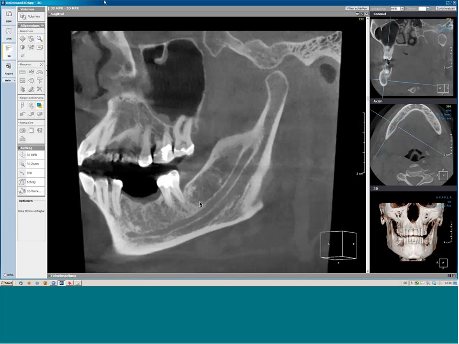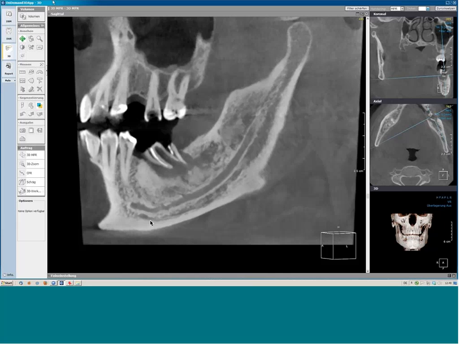Once again, here we have normal cancellous bone, here normal cancellous bone, no sclerosis, and once again here a lot of sclerosis. So even there, you have to know that sclerotic bone changes are not a big problem.